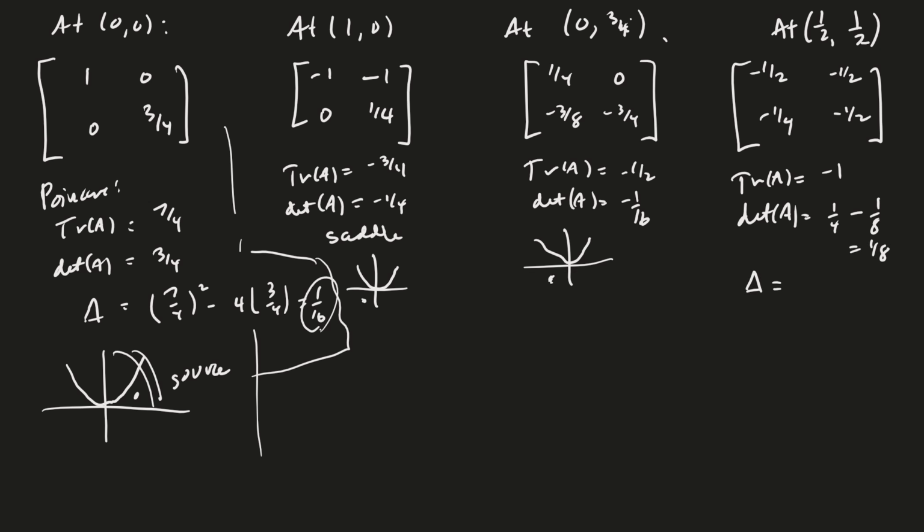Then the discriminant would be 1 minus 4 times 1/8, which would be 1/2, so that's positive. And so where are we? With a negative trace, we're on this side, right? With a positive determinant, that puts us here. And with a positive discriminant, that puts us here. So this is a sink.